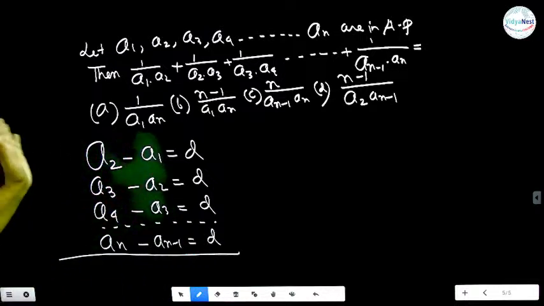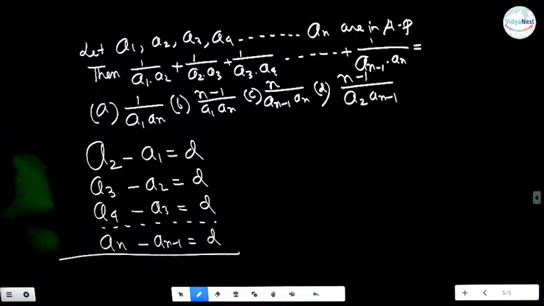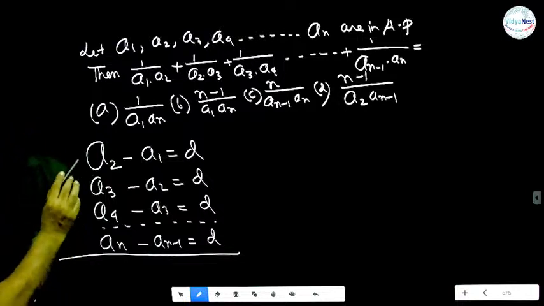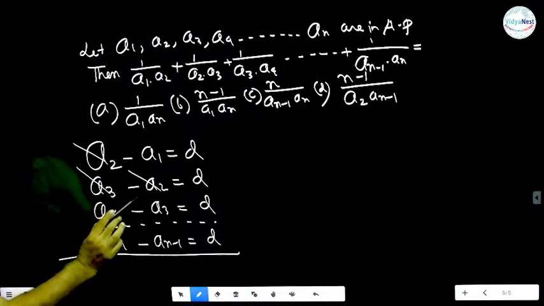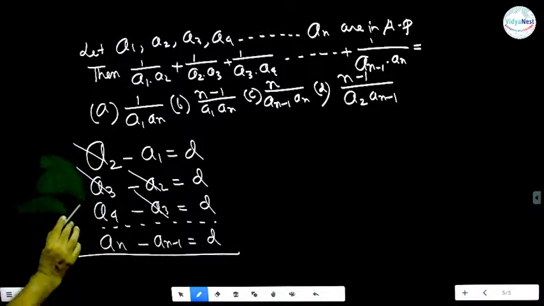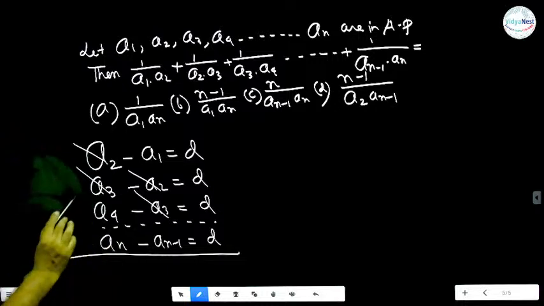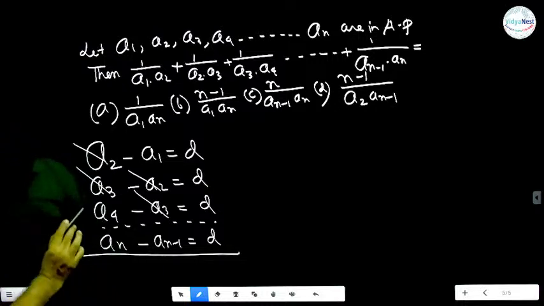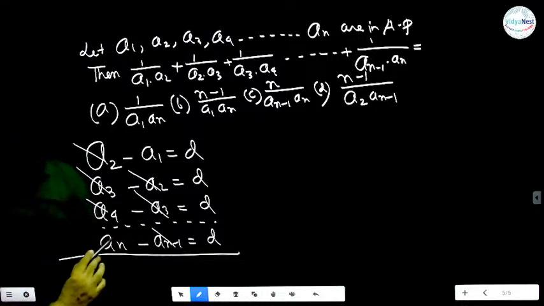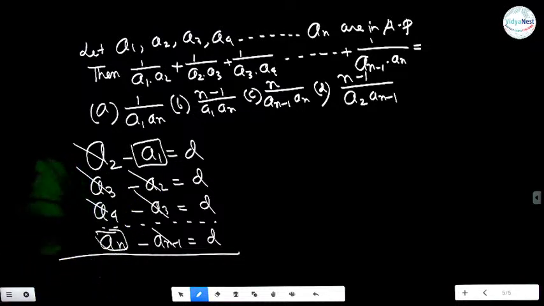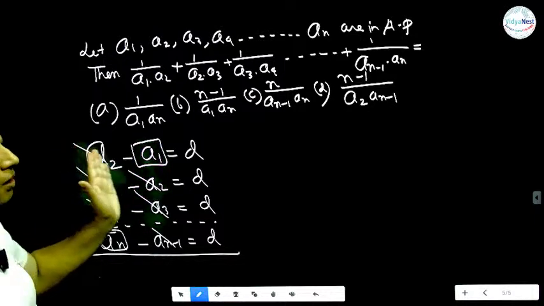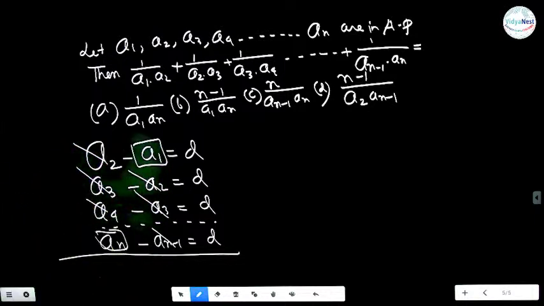Now if I add, you see A2 will get cancelled with minus A2, A3 will get cancelled with minus A3, keep on cancelling. All terms but the first and last one will get cancelled. This is called telescopic method. So first term and last term will remain.